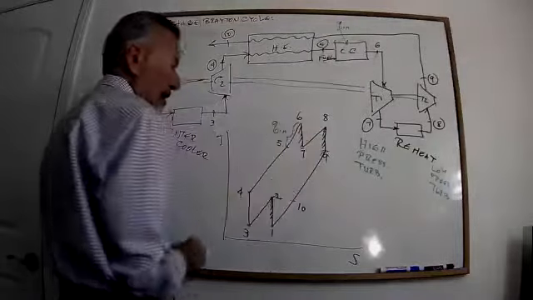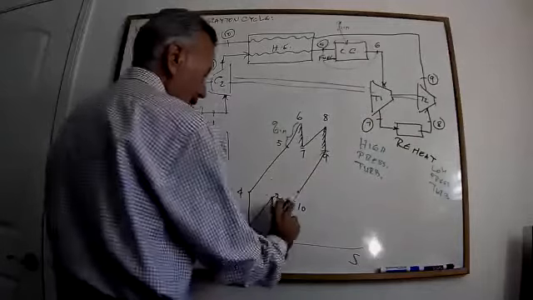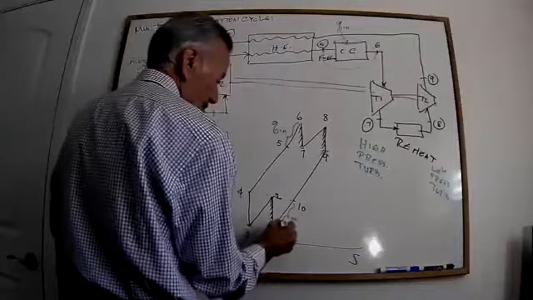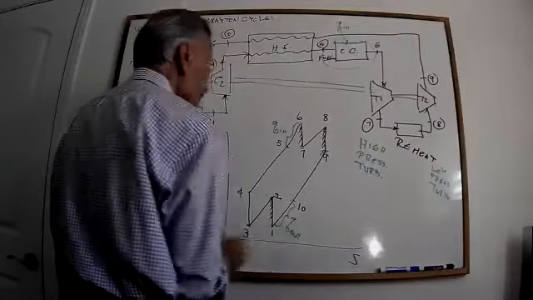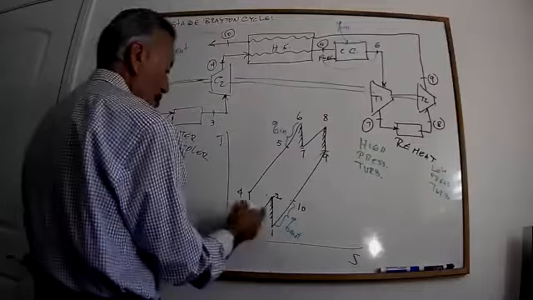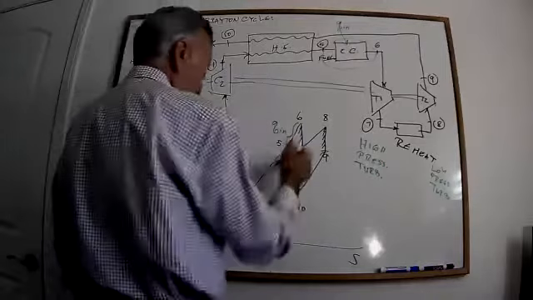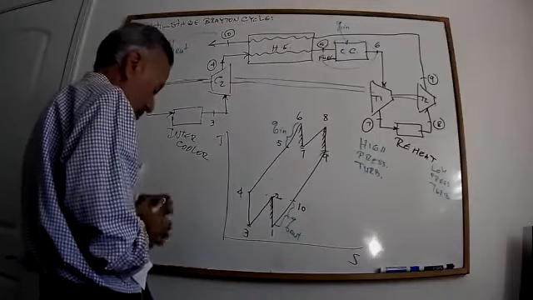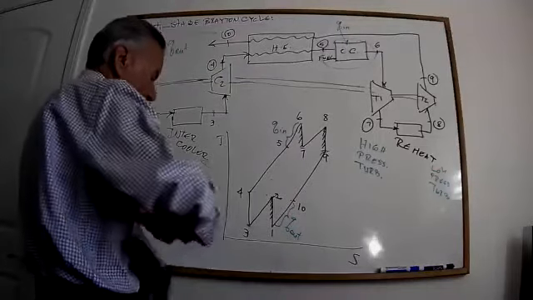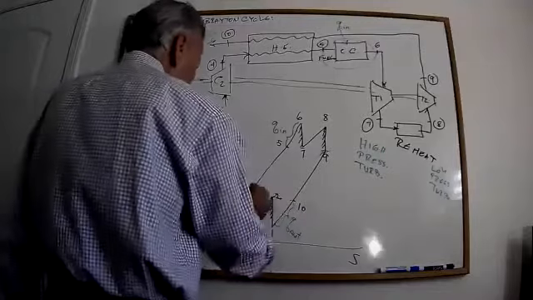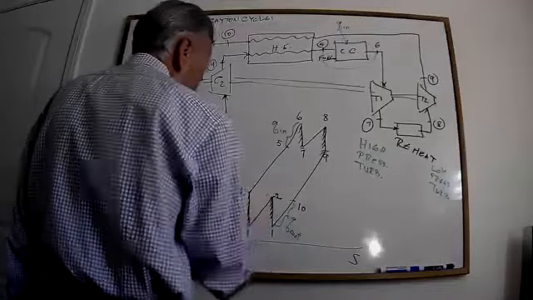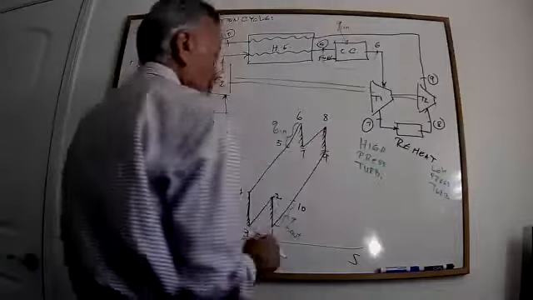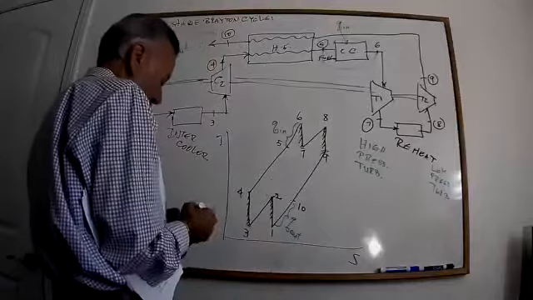Look how small it got. Look at my Q out between 10 and 1. I have 2 work-consuming compressors, 2 work-producing turbines. So I put 2 work in, but I got 2 big, huge work out of the system.